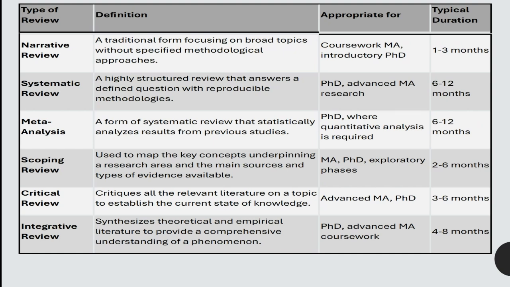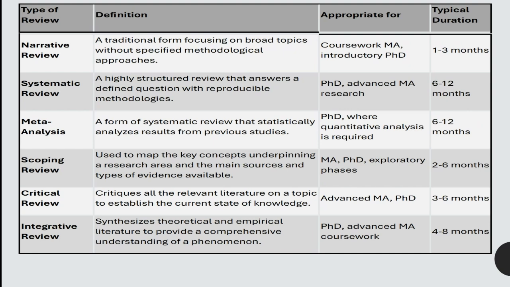So a scoping review is of shorter duration, and a very valuable part of a PhD in exploratory phases, or a scoping review is short enough to do on a master's level as well.